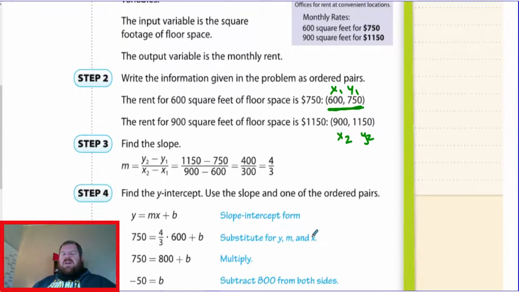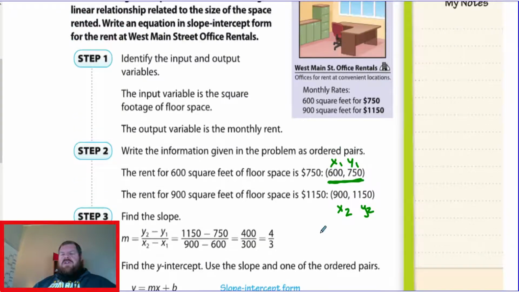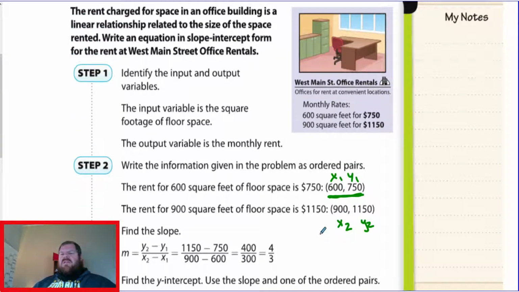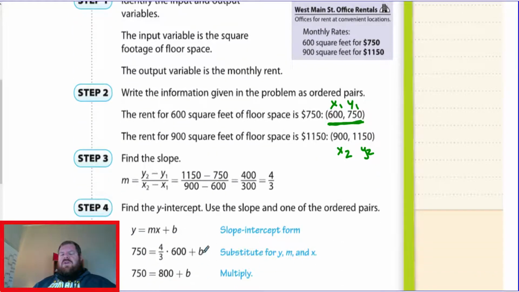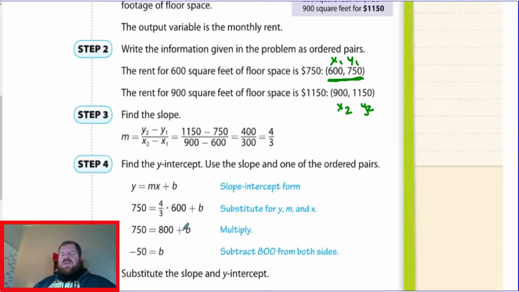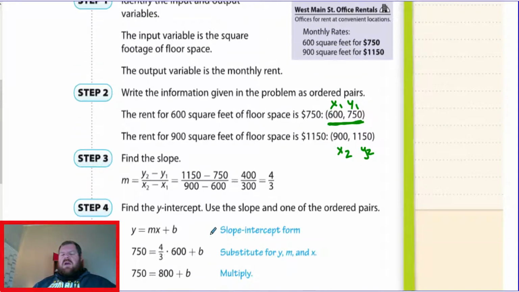Then we need to find the y-intercept, and that's sometimes a little bit tricky because they don't give us any scenario that would find the y-intercept. So I'm going to sort of redo this and talk through this, but you can see it here as well. Okay, this involves a little process of solving equations.